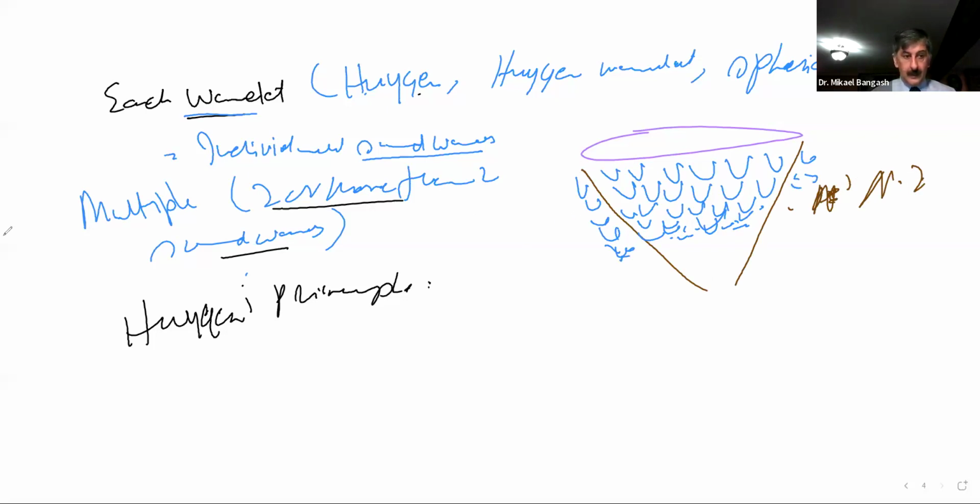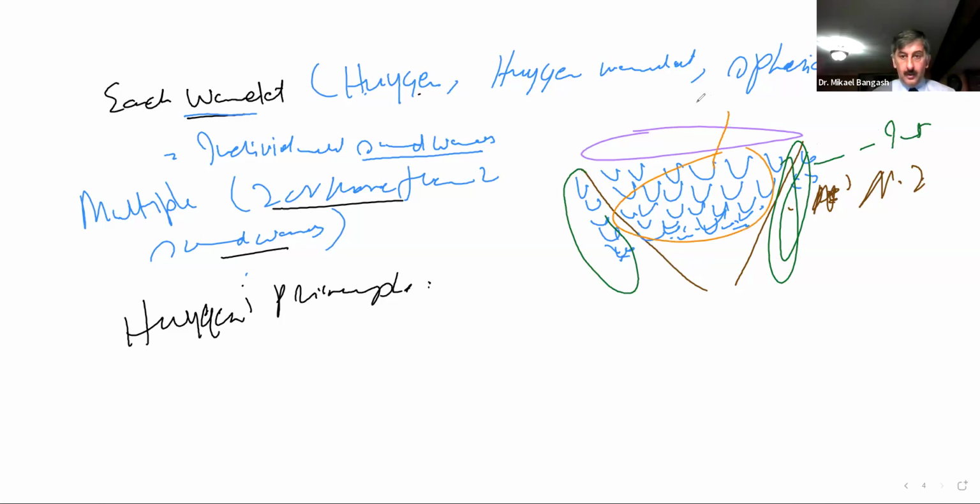These are the wavelets that we found, and this region here, this area here, are going to be destructively interfering with one another. Whereas these wavelets here, for instance, are going to constructively interfere.